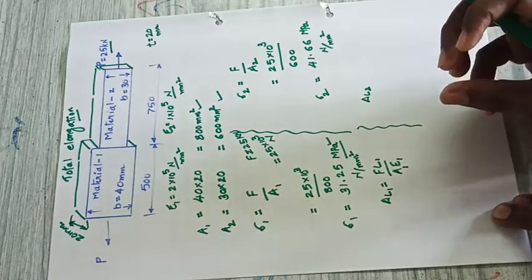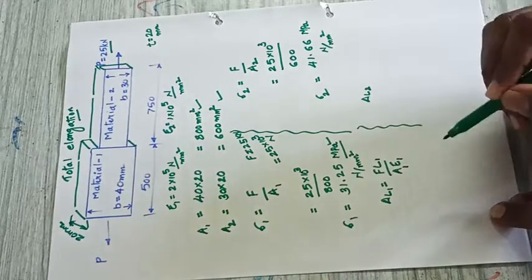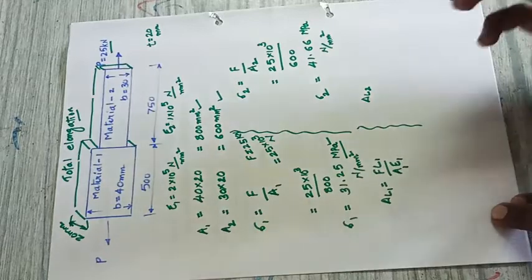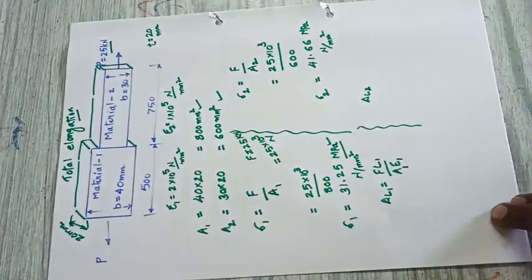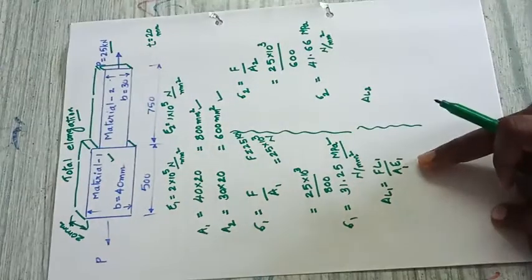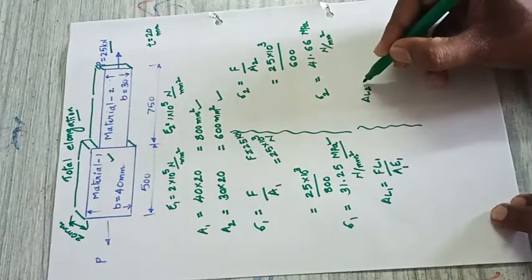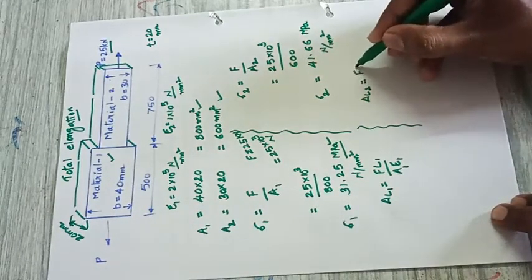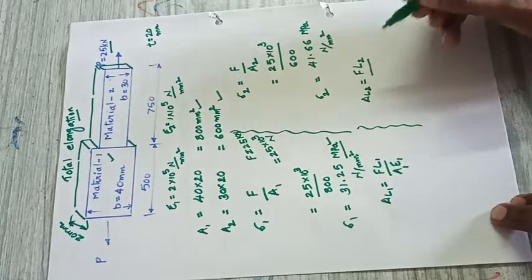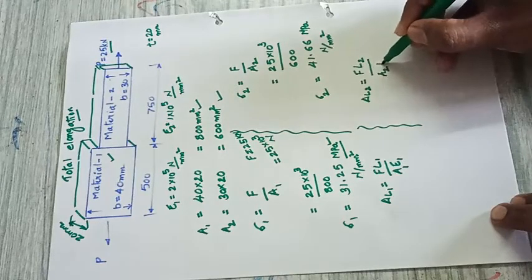In the last problem the material was the same, so we took the Young's modulus for both portions as E. Here the material properties are different, so we specify delta L1 is equal to F L1 by A1 E1. Delta L2 is equal to F, the length is different and it is for the second material, L2, A2 and E2.